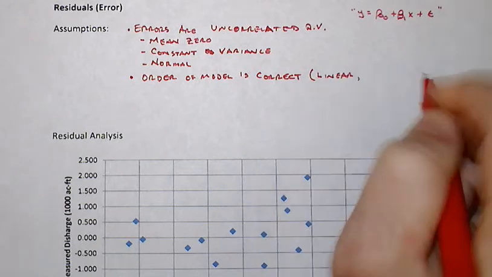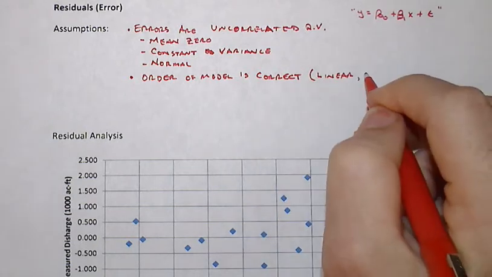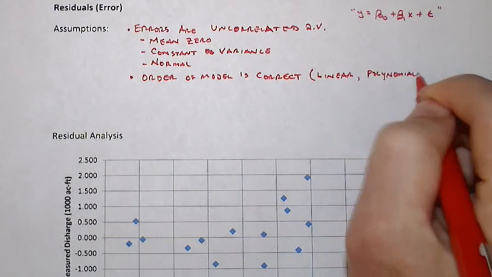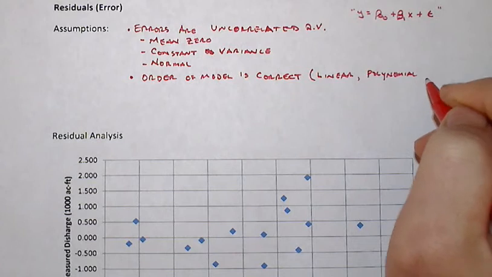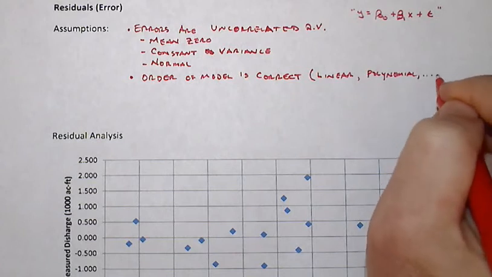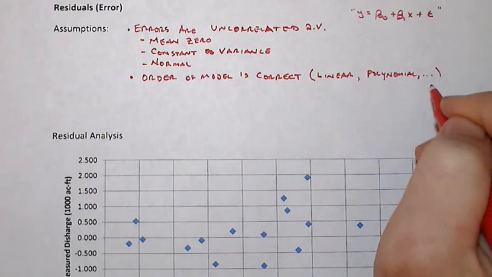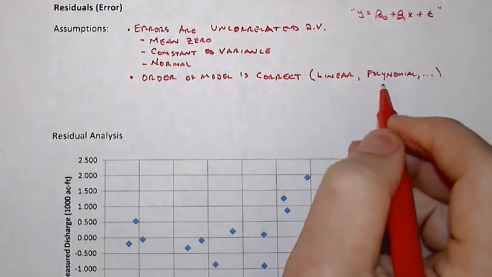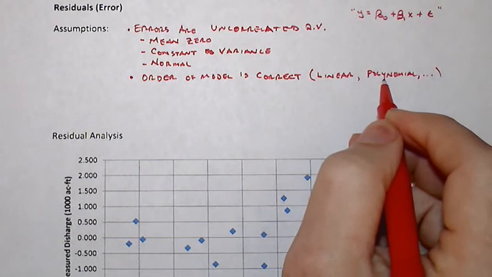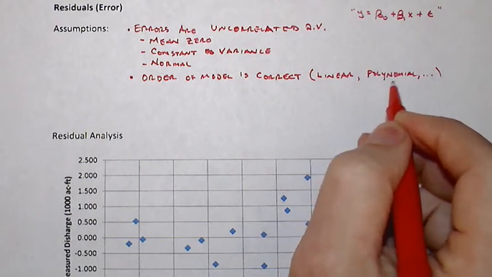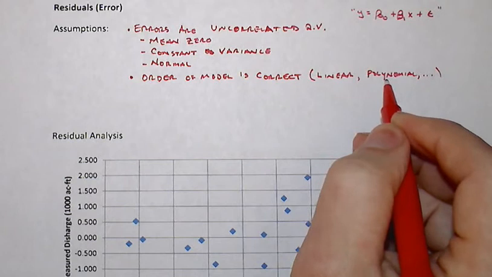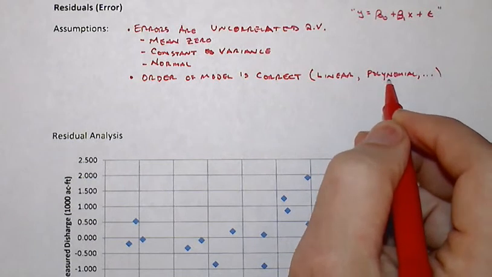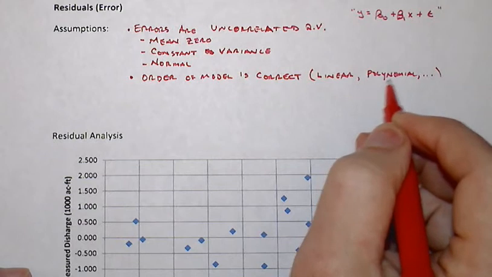A linear model is of order 1, x squared would be order 2, etc. That we have somehow selected an appropriate model to begin with. And again, we'll talk at another time about how we can make a polynomial expression actually look like a multiple linear regression model, but it'll still be a linear regression model if we handle it in an appropriate way.